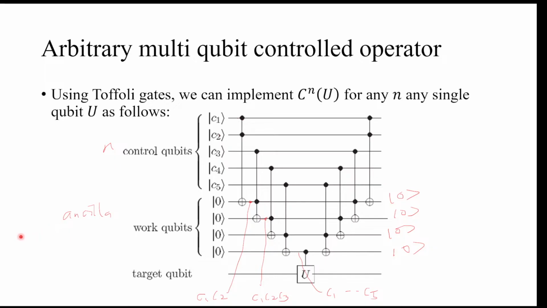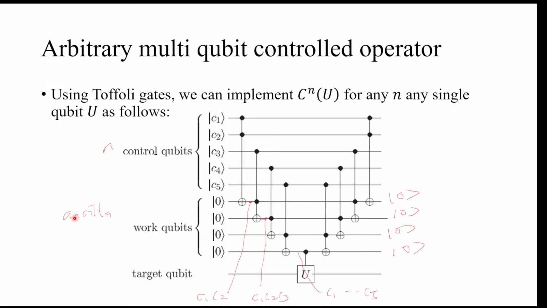This construction is pretty intuitive. One thing to say is that this is not the most efficient construction; there are much more efficient constructions than this. But this is easy to understand, and it's shown as an example here to show that this is possible.